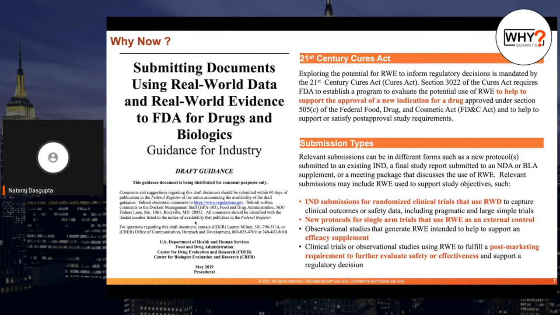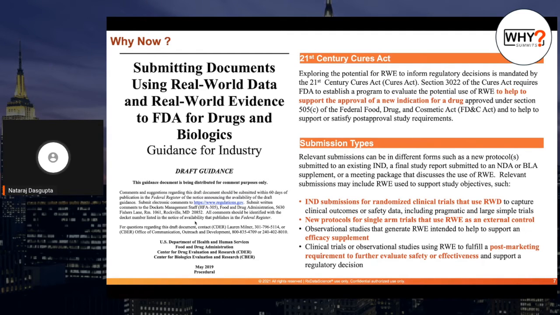One of the questions I had been asking even myself until a couple of years ago is why there has been a sudden increase in interest in RWE. One of the major reasons has been that the FDA made a formal decision that RWE studies could be included as part of new drug applications or IND submissions.